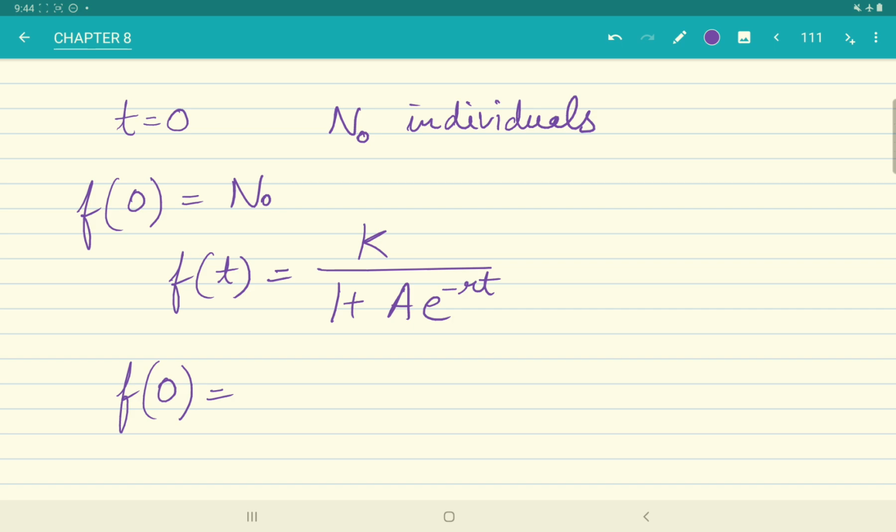So if t is equal to 0, I know that f(0) is equal to k by 1 plus a, because then it will be e raised to the power 0, which will be 1.